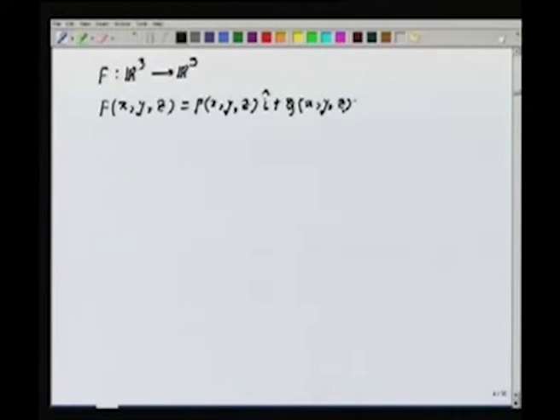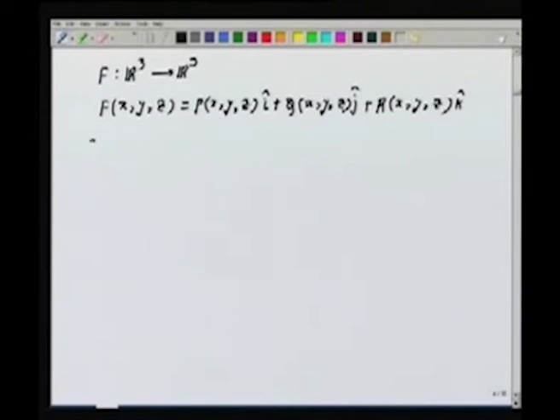Now in general, given a function f from R3 to R3, it will be of the form f of x, y, z equals, let us say, p of x, y, z i plus q of x, y, z j plus r of x, y, z k.